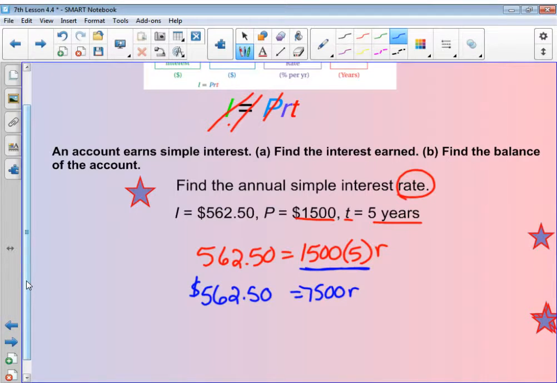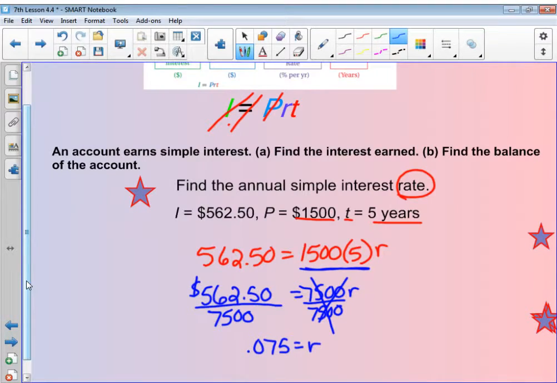So back to a one-step equation. We're going to divide by 7,500. It's gone. Divide by 7,500. So 562.50 divided by 7,500. When I do that, I get 0.075 equals R.